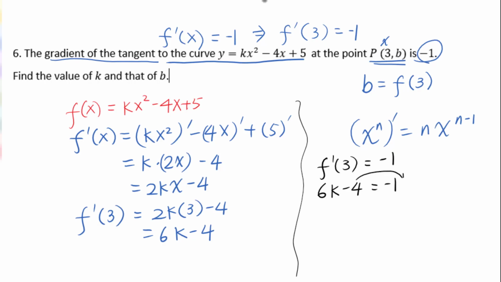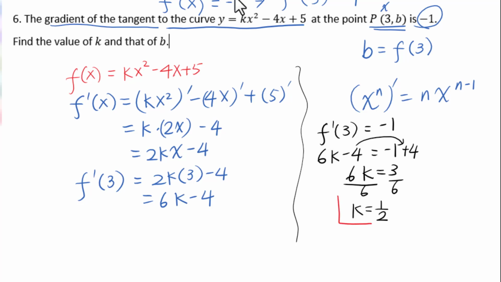Solve for k. Add 4 to both sides. 6k equals 3. Then divide by 6 both sides. K equals 1/2.